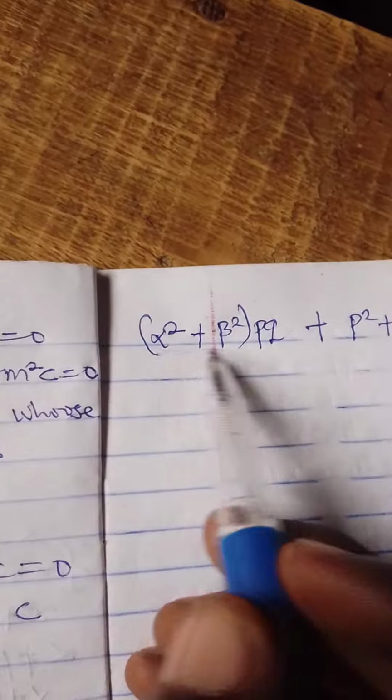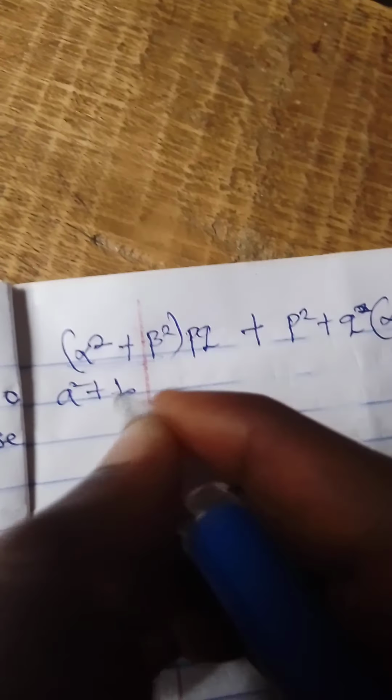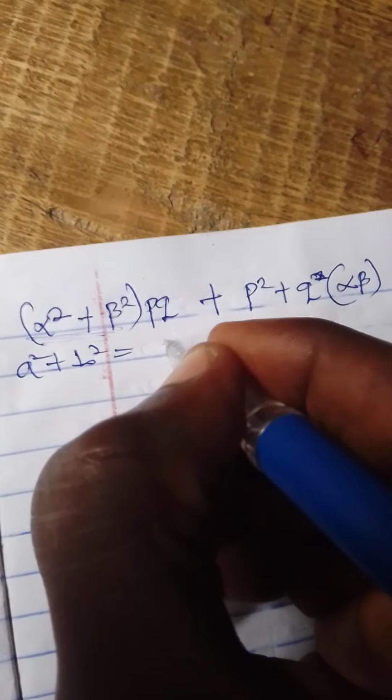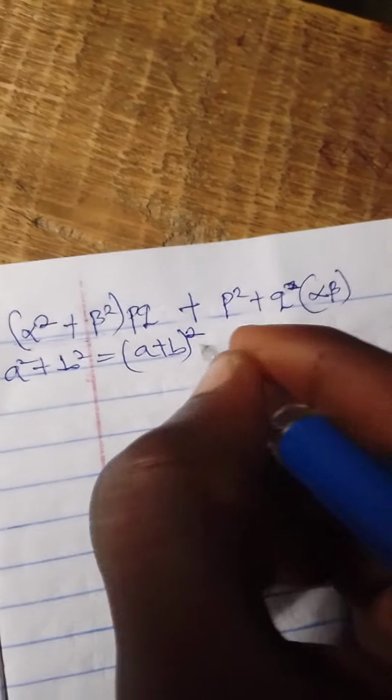Now this thing has an identity. Don't forget that a square plus b square is the same thing as a plus b everything square, minus 2ab. I get it now.